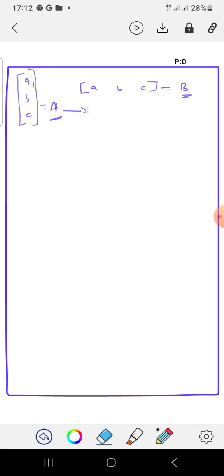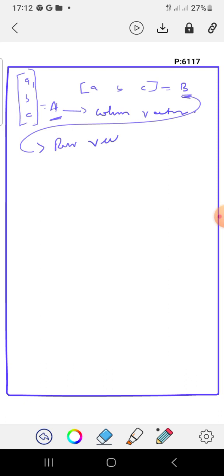So we call this one the column vector, and we call this B the row vector. All right. So everything you have learned about vectors will come alive now.